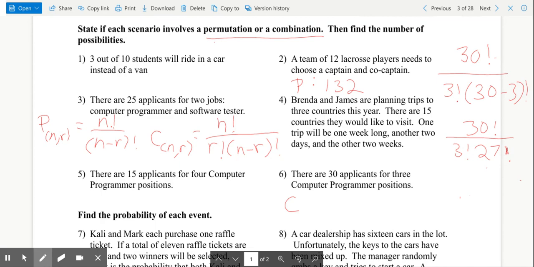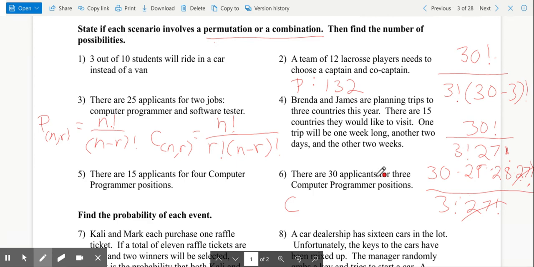Anyway, I'm going to do the trick again with expanding the top until I have a factorial that matches the bottom. So I have 30 times 29 times 28 times 27 factorial. I'm running out of space. And then I have 3 factorial times 27 factorial. So the 27 factorials will cancel, and I have 30 times 29 times 28 divided by 3 factorial.